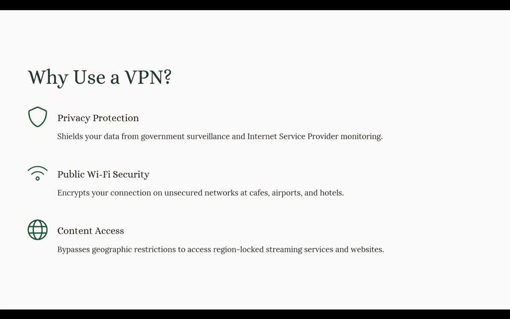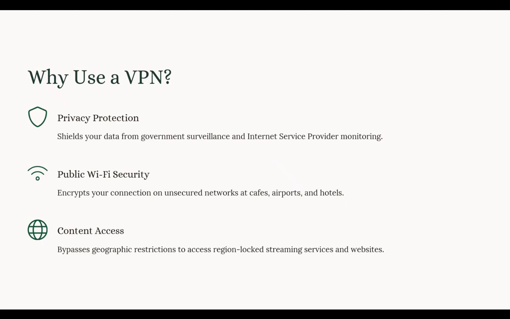So VPN provides that protection for the private data to be shared. So it shields your data from any surveillance, maybe government or any private individuals or attackers, and internet service provider monitoring as well.